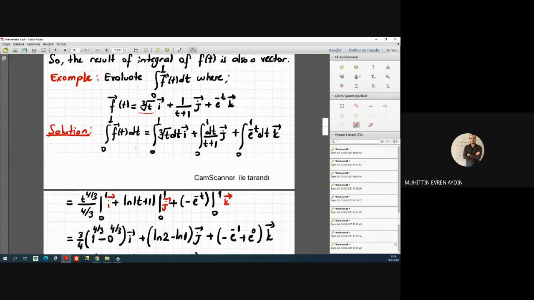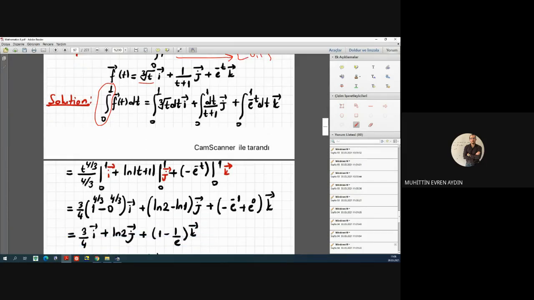Okay, let's define the integrals on the integration interval 0, 1. By the way, the integration interval is 0, 1. Okay.